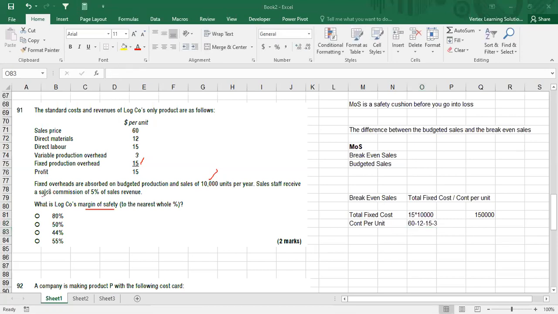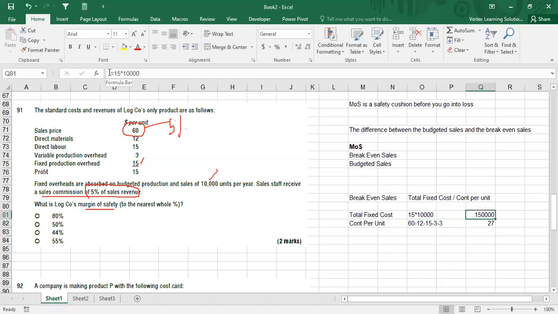It says that sales commission of 5% on sales revenue, which means every time somebody sells a $60 item, they will get 5% of that. 60 times 5% is 3. So you are actually giving $3, so you should subtract another 3. If you ignore it, your answer will be wrong. So you should subtract that sales commission as well.